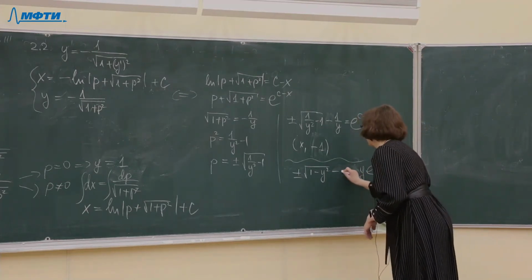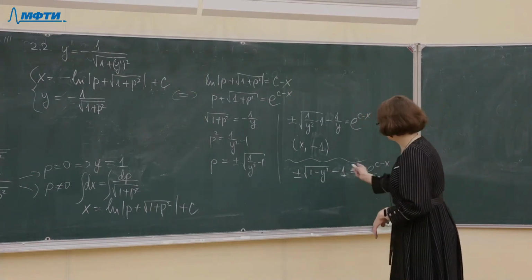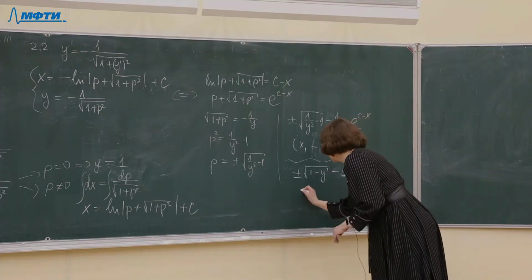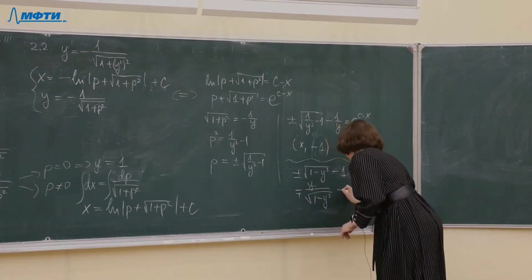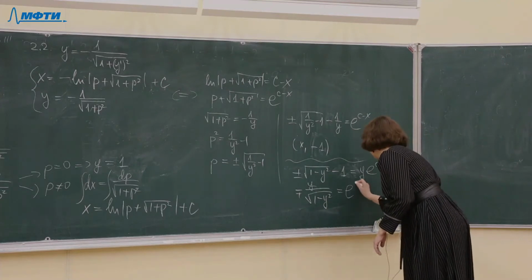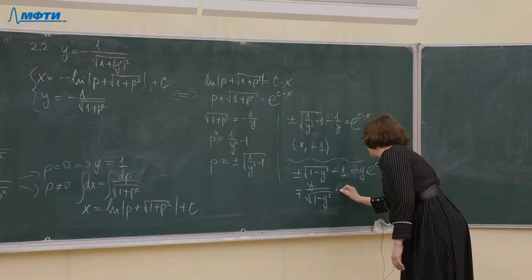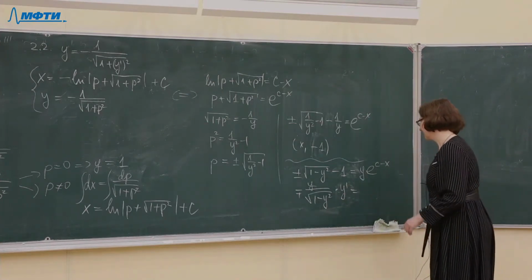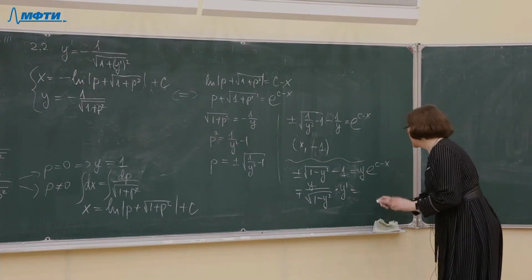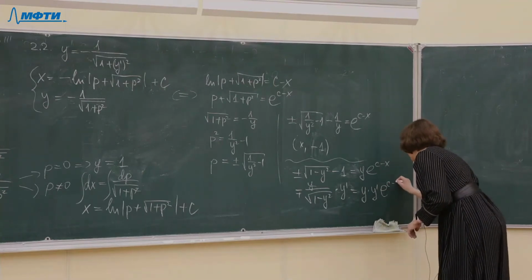Let it be minus 1 equals y. And then let's find the derivative with respect to y. And this will give us minus plus y over root 1 minus y squared equals y times y prime e to the power c minus x.